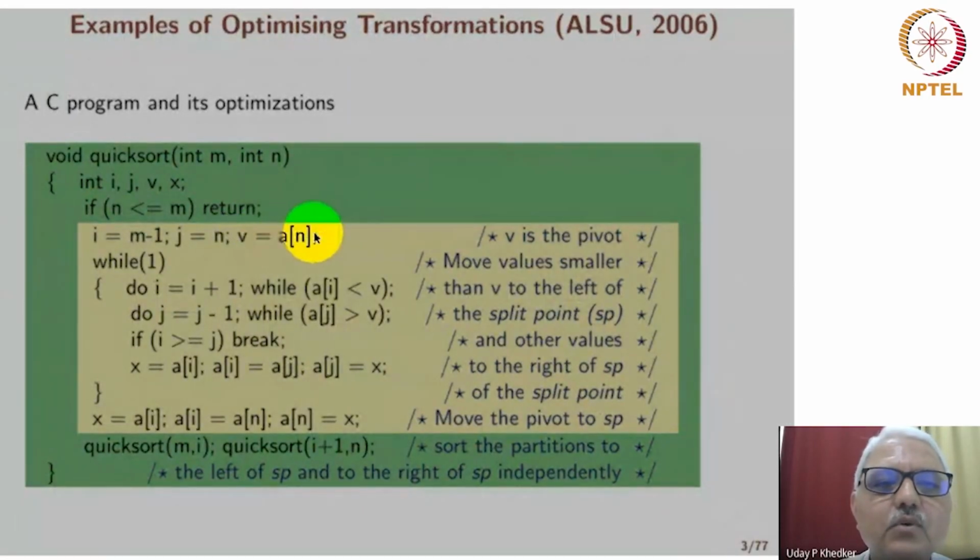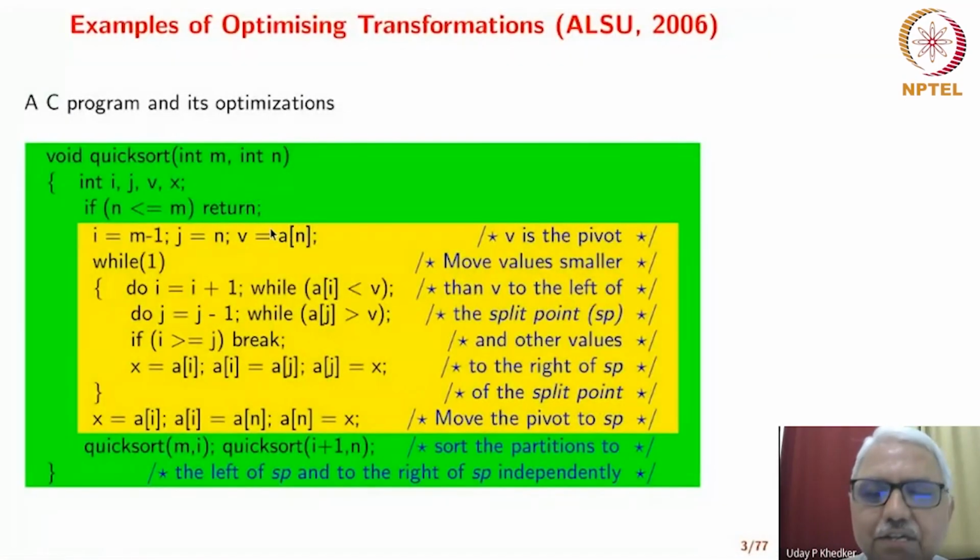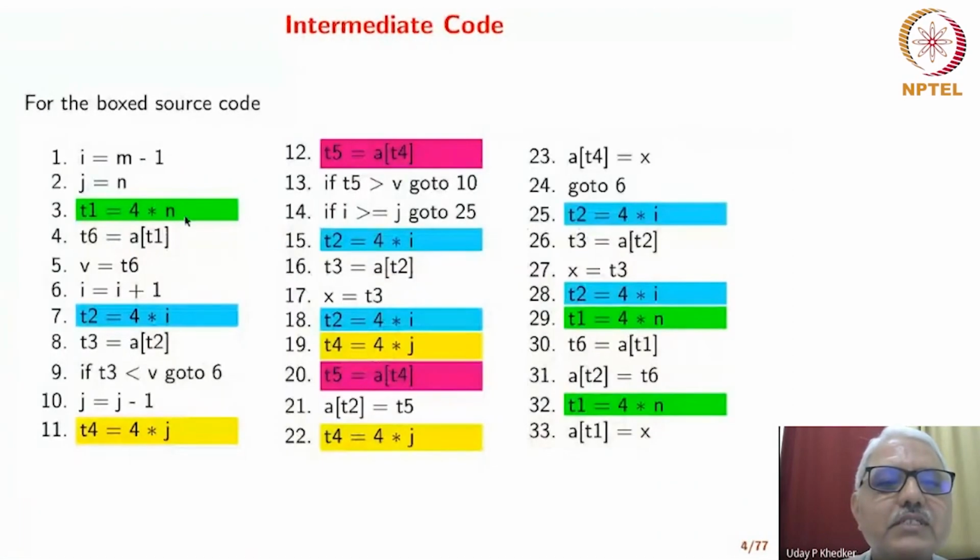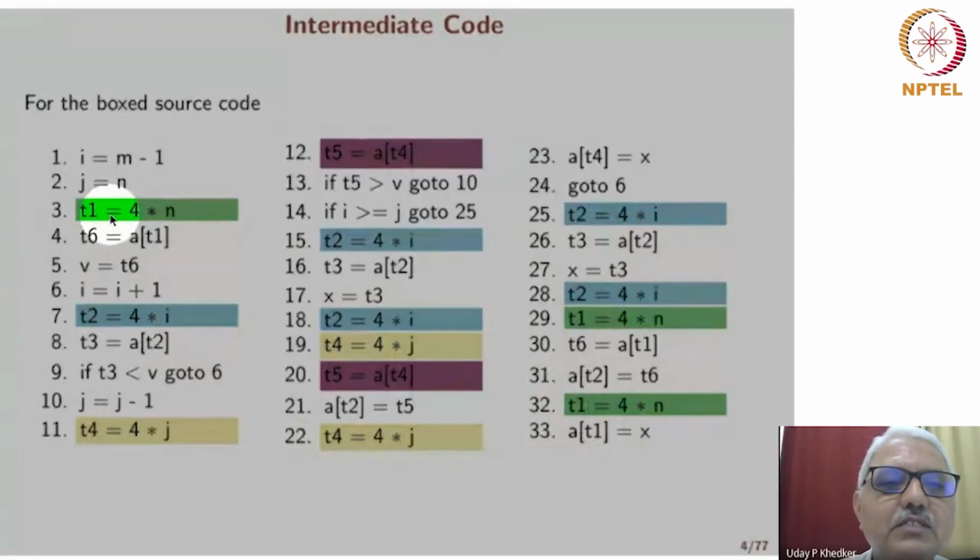v = a[n], which gets translated into a sequence of assignments here. We first identify the address of the nth element by multiplying n by 4, because this is an integer array. Then we access that location, store it in a temporary variable, and we store that into v.